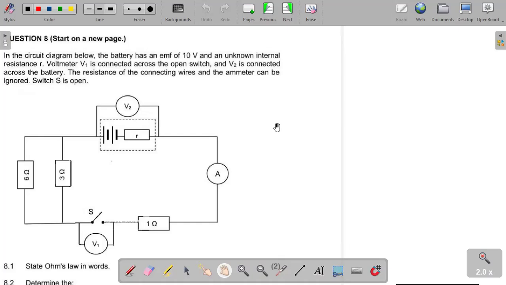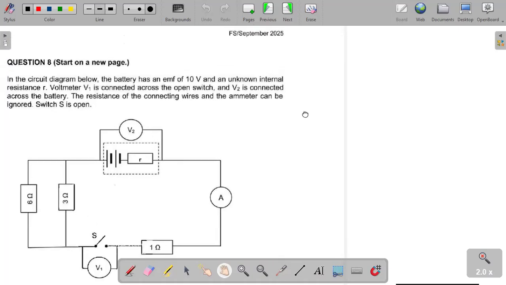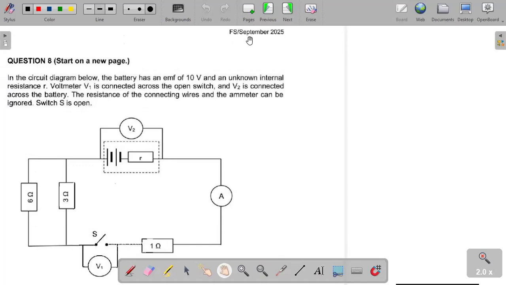So this question comes from Free State. So this is September 2025. And then, so let us read the question together.